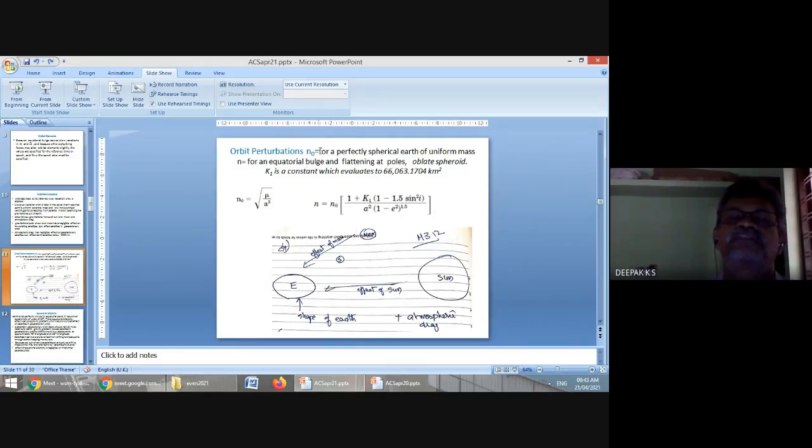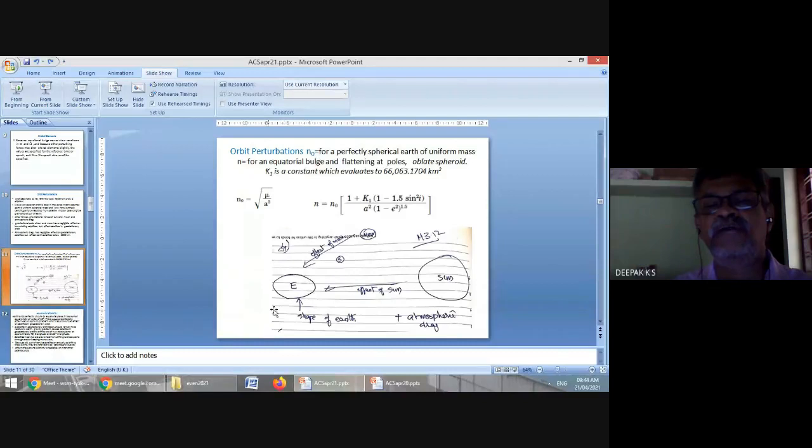So 0 denotes this is the equation which we had written last class based on the third law, and so this n is actually n naught, which denotes the spherical Earth, and based on that n is defined with some other parameter k1 as a constant, e is our eccentricity, a is the semi-major axis, i is inclination, etc. So when we take real parameters, we have to account for these perturbations.